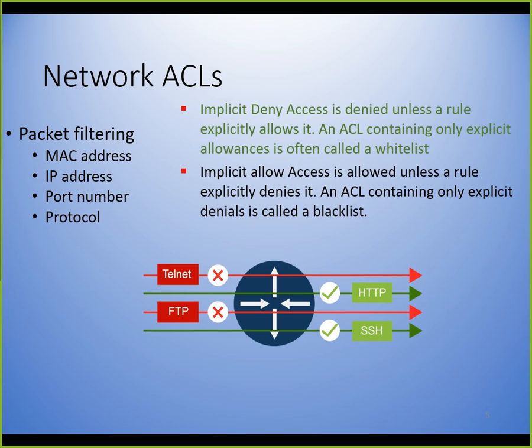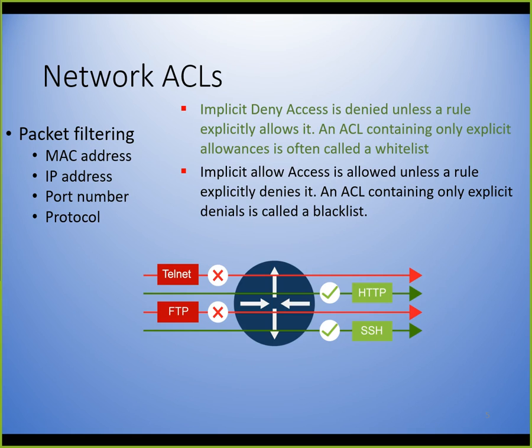And for packet filtering, we can use the MAC address at layer 2. The IP address, the port number, and the protocol can all be used at layer 3. And generally, the MAC filtering is something we'll talk about again with port security. The common use is on wireless routers or wireless access points.